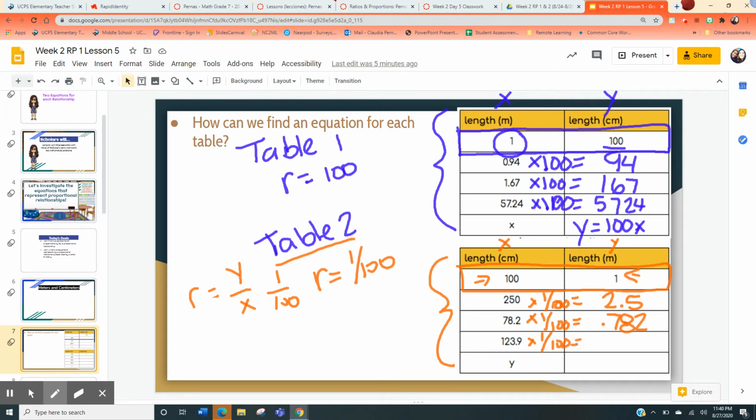And 123.9 times 1 over 100 gives me 1.239. And if I'm using my unit rate to write out my equation, it is now y equals 1 over 100x. So notice how we have two different equations for the same or a similar table.